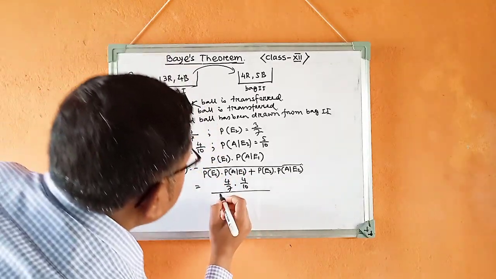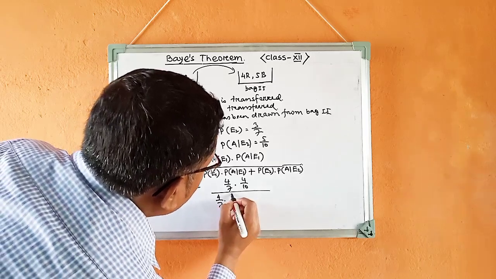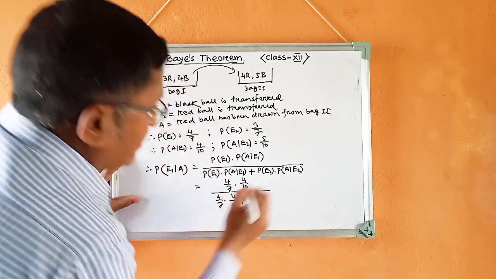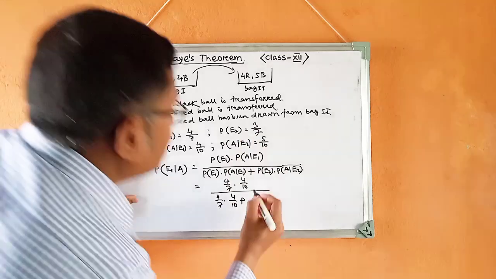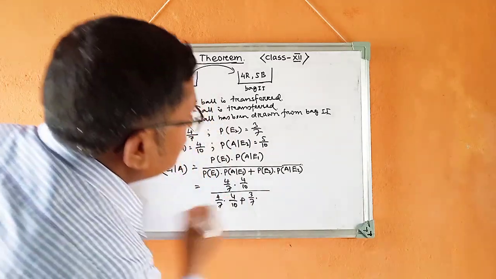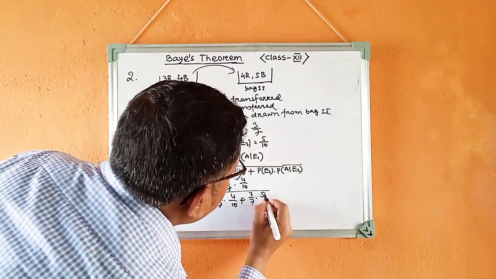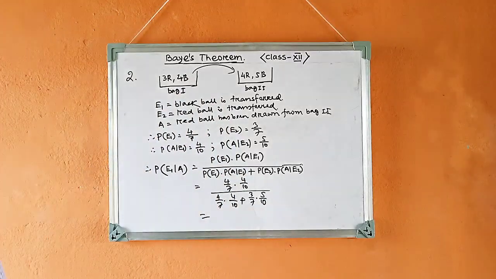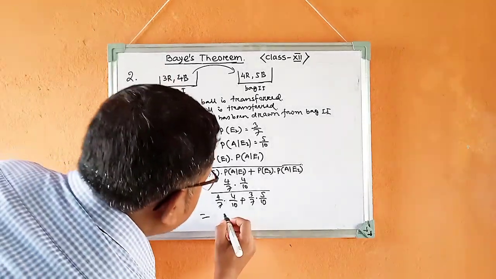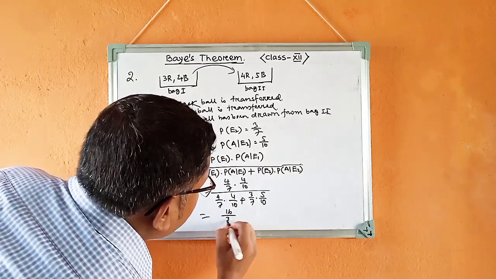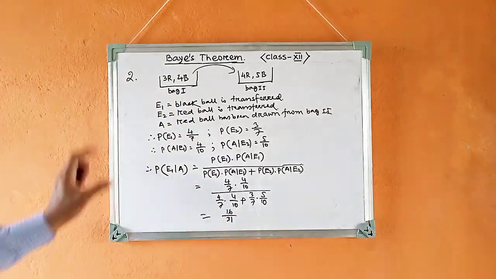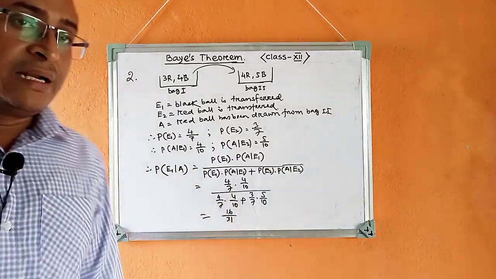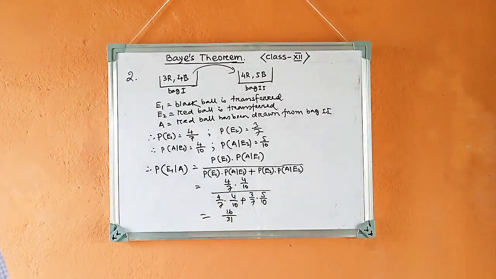Then P(E1) is 4/7 into 4/10 plus P(E2), that means 3/7, into P(A/E2), that is 5/10. See carefully, after the whole calculation we get the final result, 16 divided by 31.